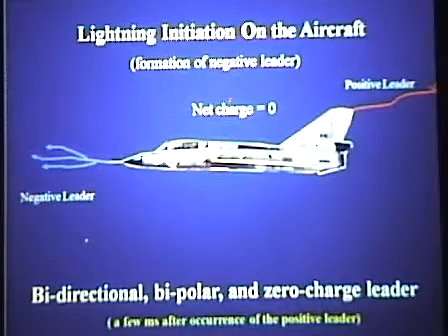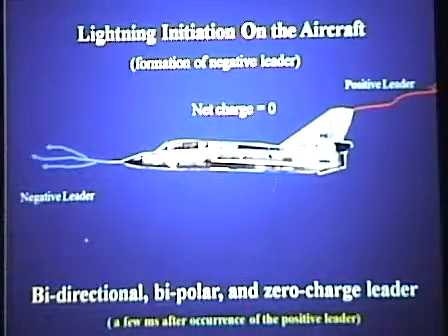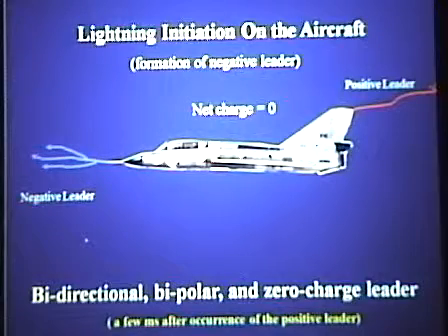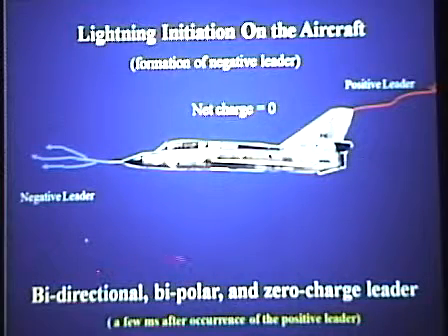So this picture is a perfect illustration of bidirectional, because you have one direction, negative going this way, positive going this way, bipolar, positive and negative, and still zero total charge. Positive leader, aircraft, negative leader, still the same zero charge. You didn't attach a power source here, it's all a floating conductor.